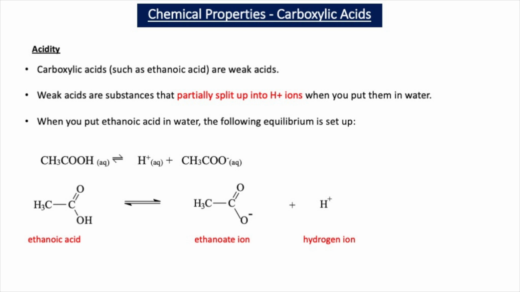If you think about ethanoic acid splitting up compared to hydrochloric acid, if I had 1,000 molecules of hydrochloric acid, I would have 1,000 H+s because they would all split up. Typically, for every 1,000 molecules of ethanoic acid, only about 4 split up at any one time. So you can see that there are a lot more H+ ions produced from a strong acid than a weak acid.